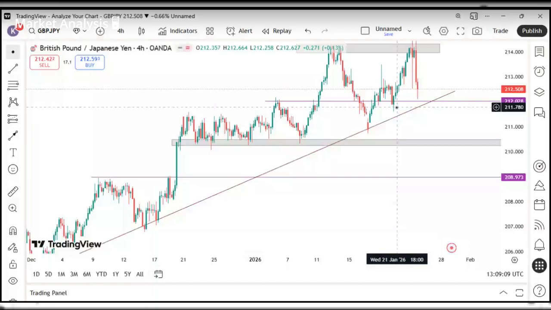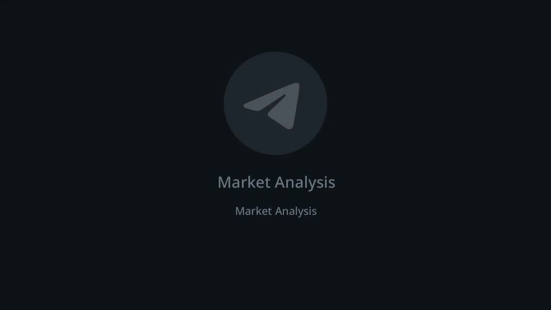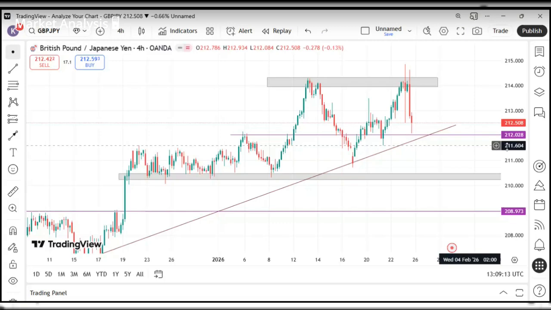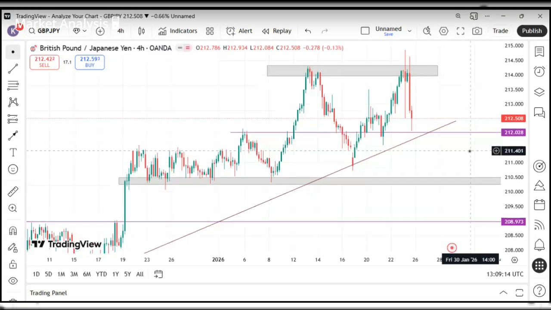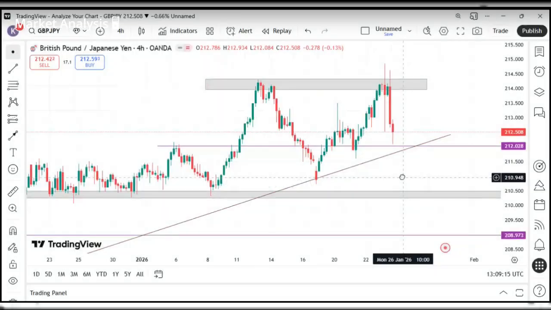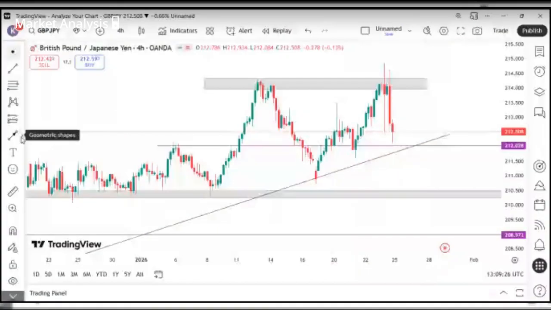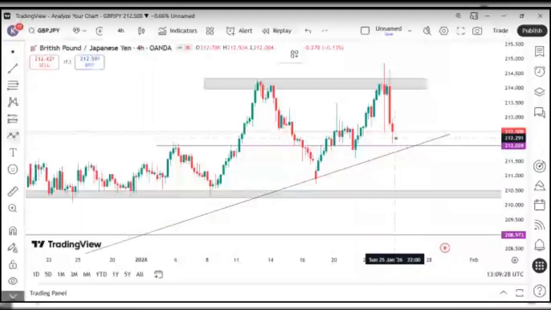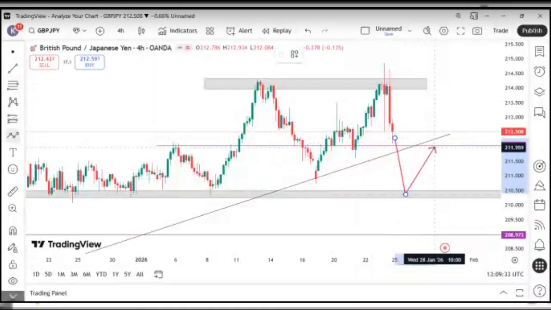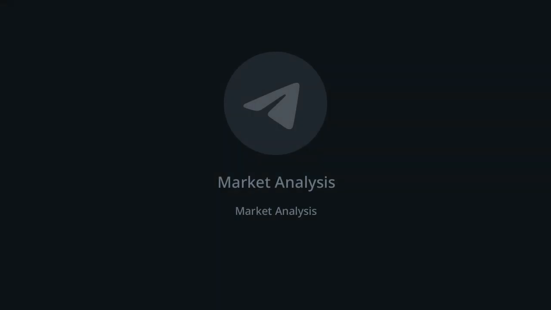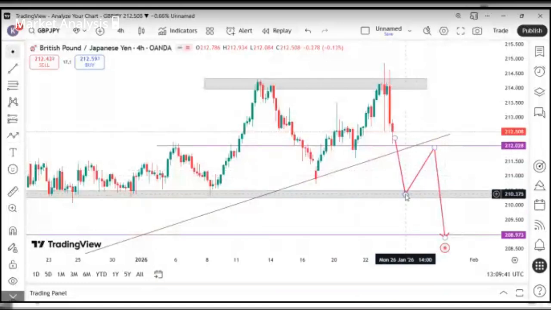What can happen here is GBPJPY can decide to buy off from this level, but if it happens to break this level, this is what we'll have. We'll have something like this, come down here, then go down, if at all it breaks this level.